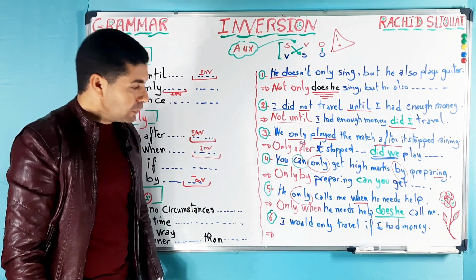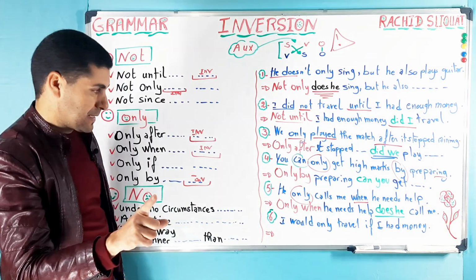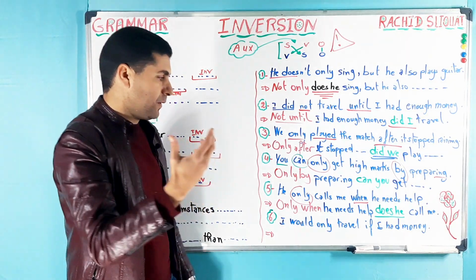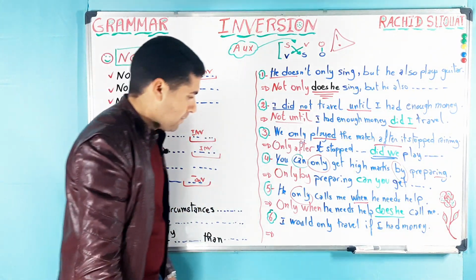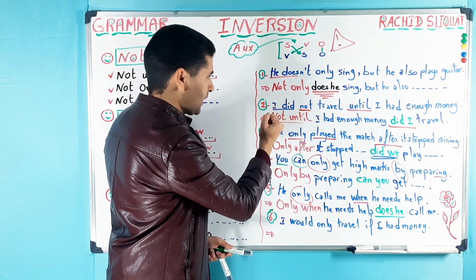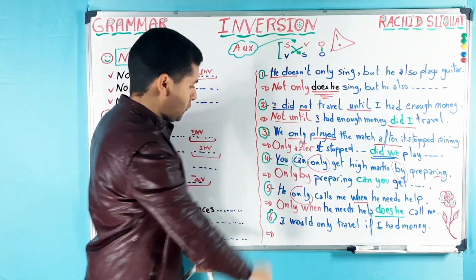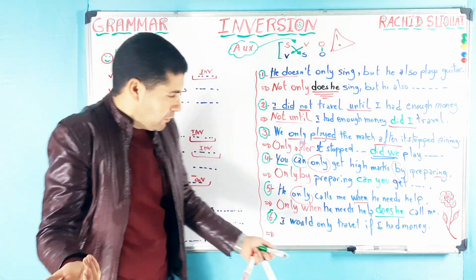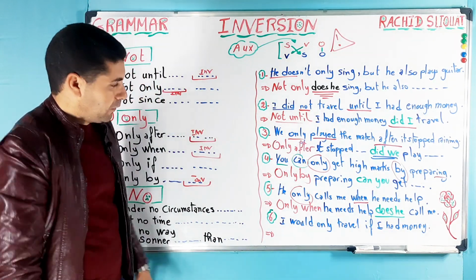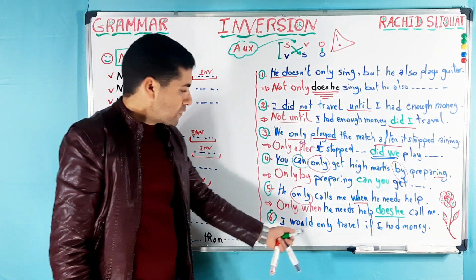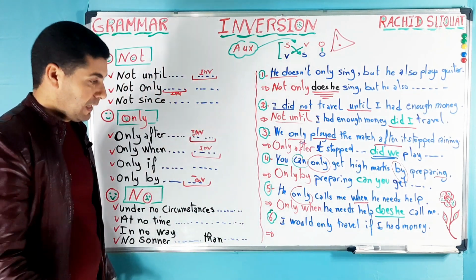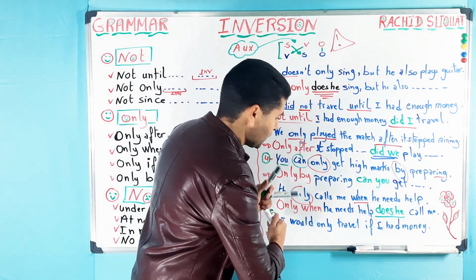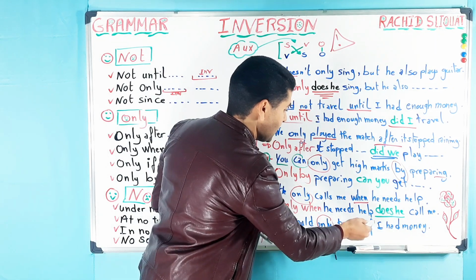I would only travel if I had money. I would only travel if I had enough money, or if I had money. This is the same as example number 2. Okay, I would only travel if I had money, because if you don't have money, you cannot travel. Money is very essential. Here we have only and we have if.